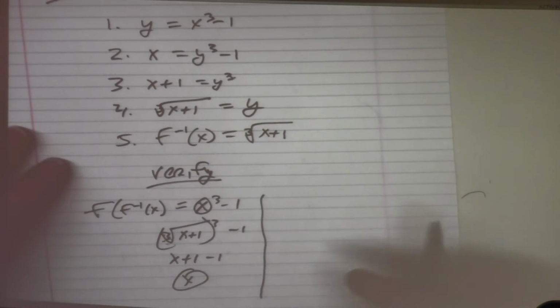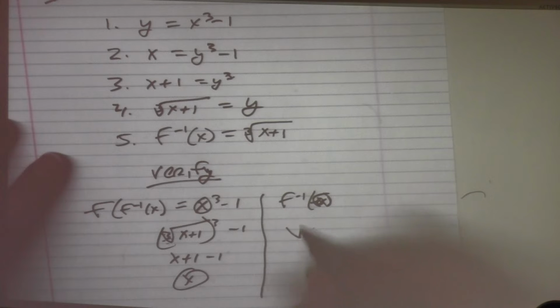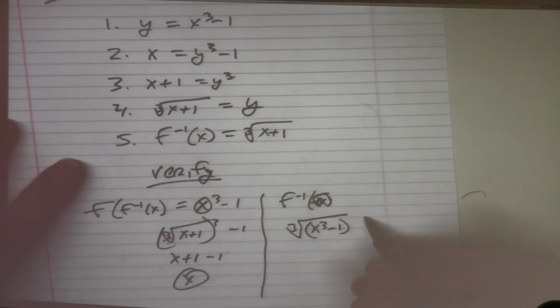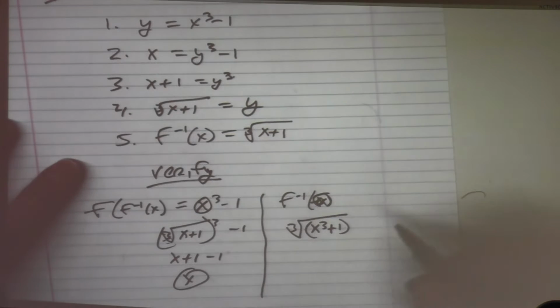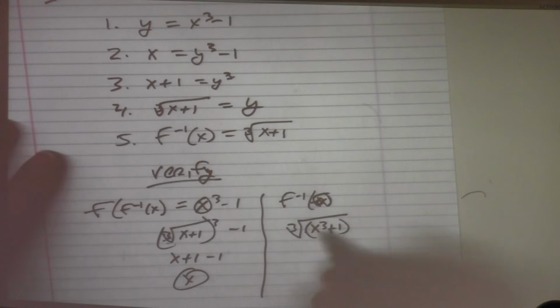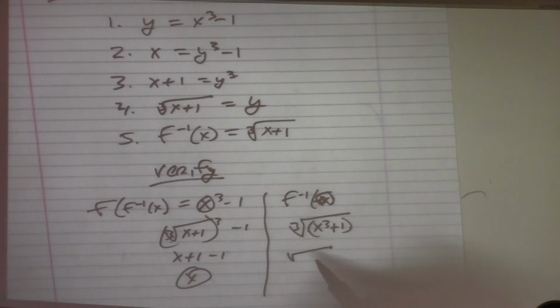When we do it over again, and we do f⁻¹ of f of x, we're going to do the cube root, and now I'm going to put x cubed minus 1, and then plus 1. So I have to use this, and I have to put x cubed minus 1 in that place. Now, I don't even need the parentheses.